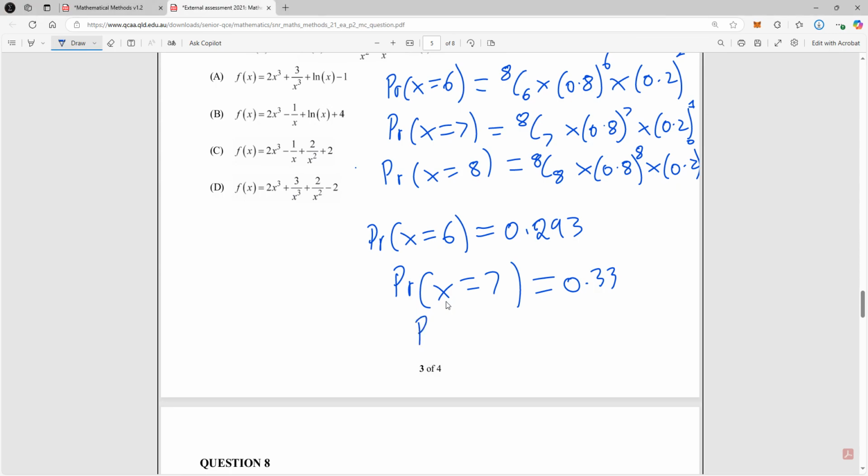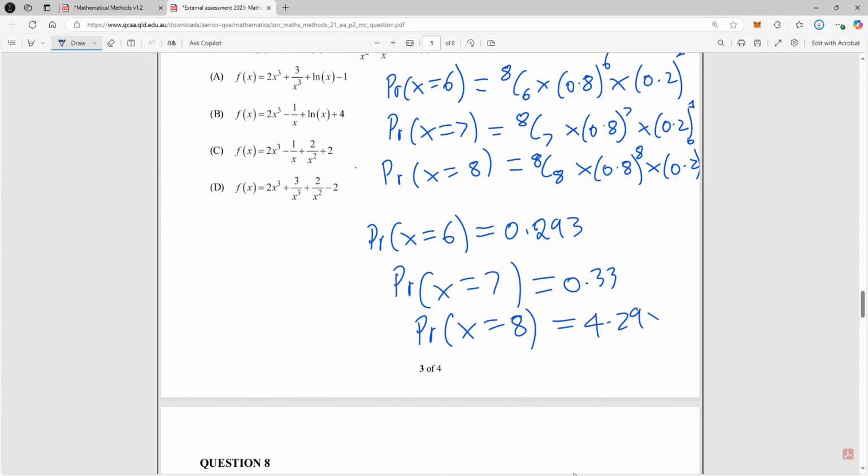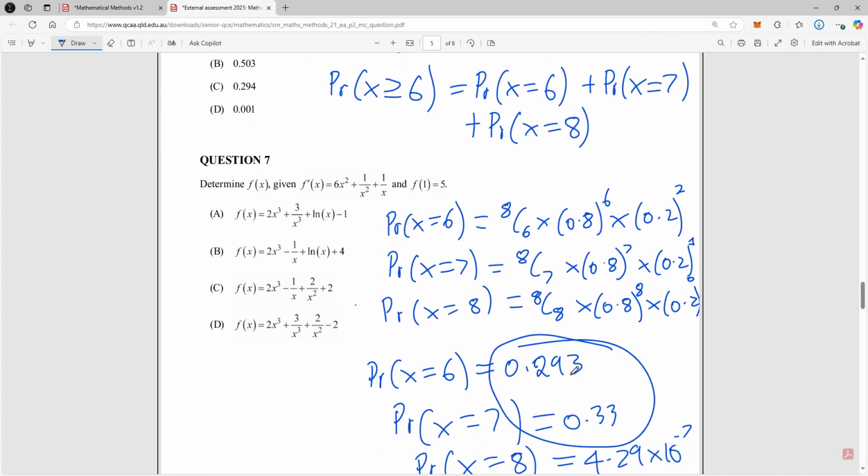The probability that x is equal to 8, in scientific notation, is 4.29 times 10 to the negative 7. That's ridiculously small, 7 zeros in front of it. So realistically, just add these two together and it'll give you your approximate answer.